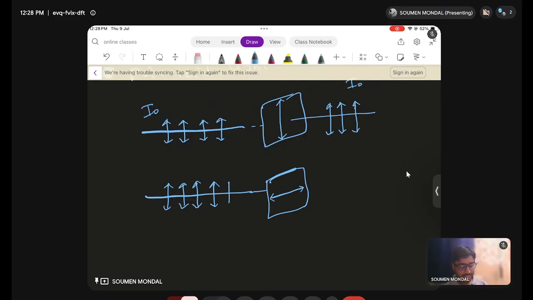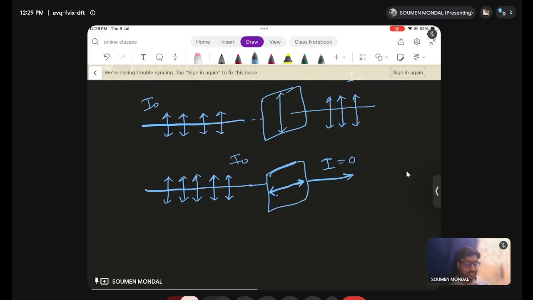Initially there is no electric field component in that direction, so the output intensity becomes 0. No light will come out of it.